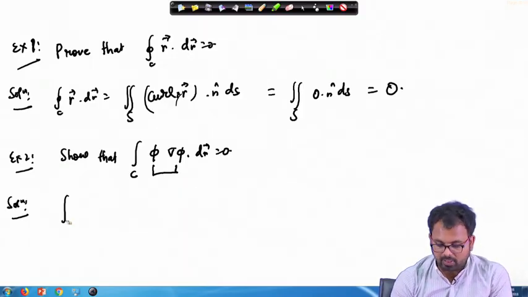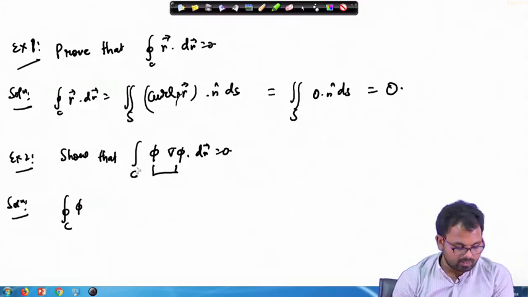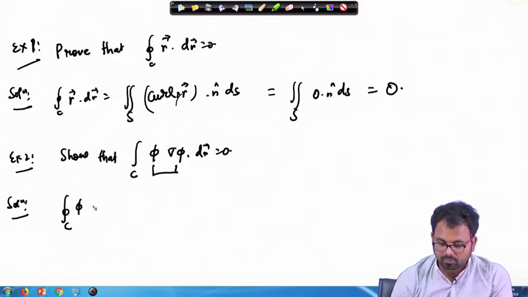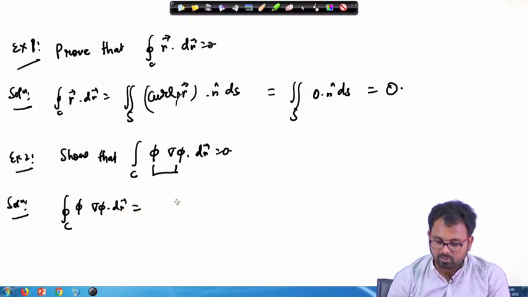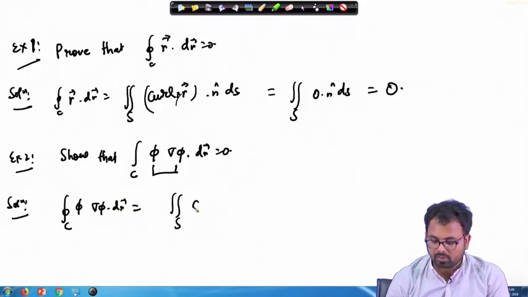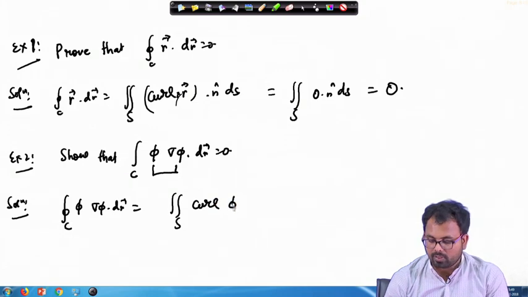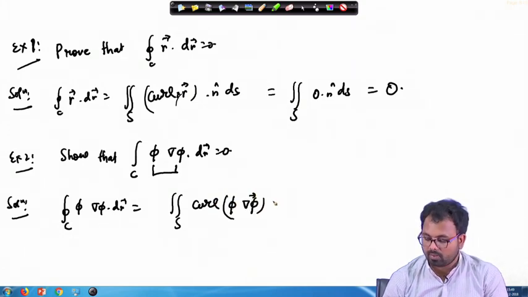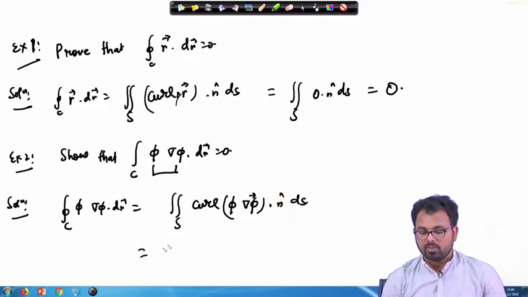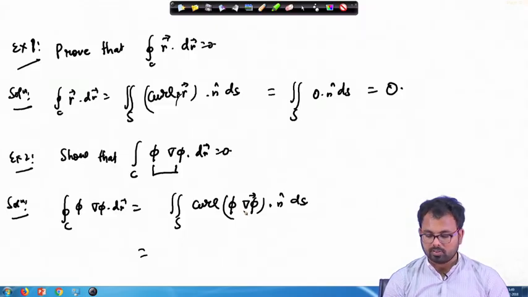So, the line integral equals the surface integral of curl of phi grad phi dot n dS. Now we have to calculate curl of phi times gradient of phi.